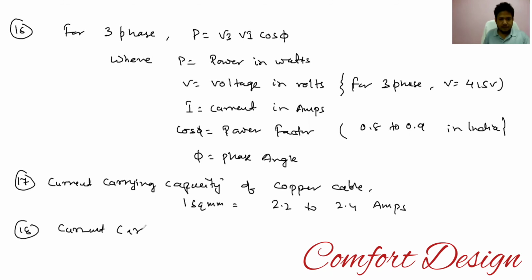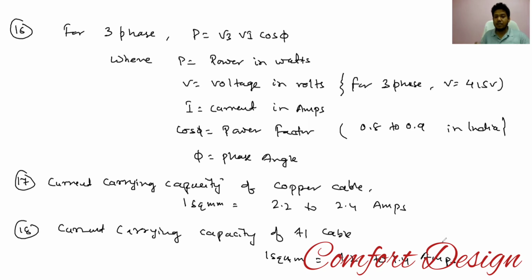in 1 square mm, it is 1.2 to 1.4 ampere. This is the current carrying capacity. Suppose this is a cable of 1 square mm, the cross sectional area is 1 square mm. So in this cross sectional area, 2.4 ampere current can run.